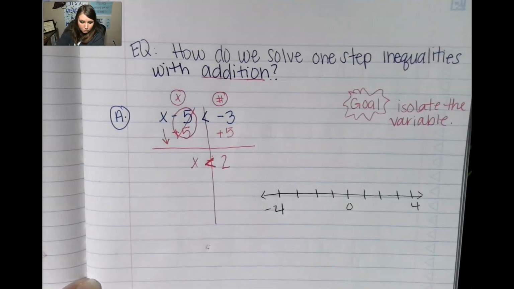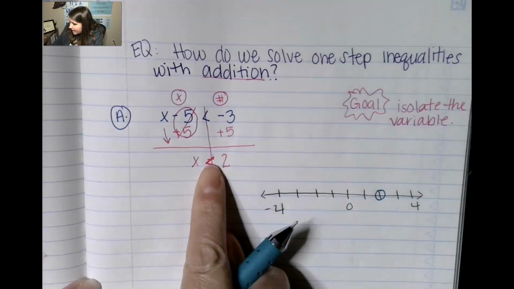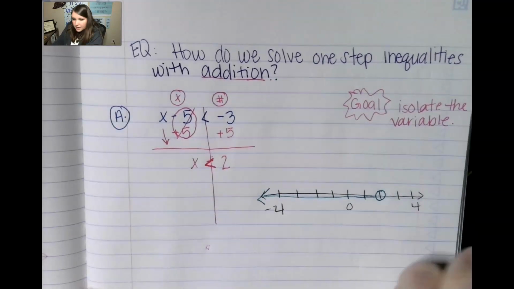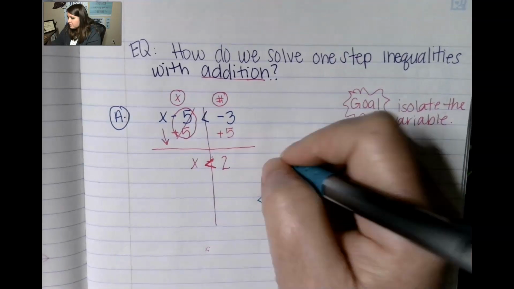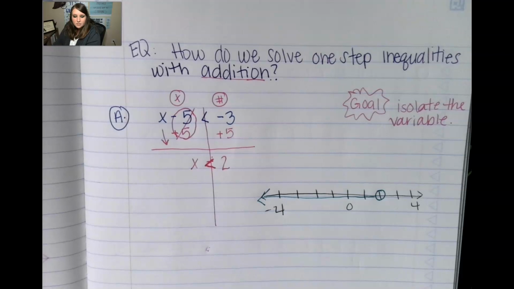So I'm going to find 2. Here's 2. I'm going to put an open dot, and it's everything less than 2. So my arrow goes to the left because it is open dot to the left, less than 2.